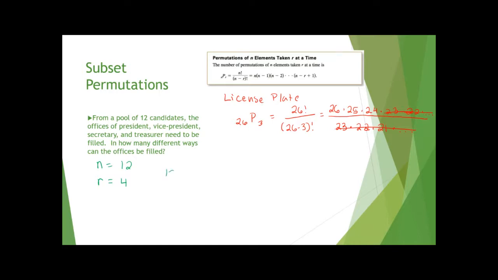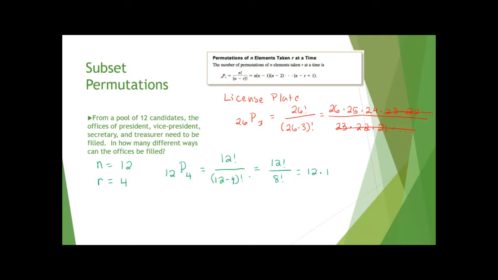So that's why we're using a permutation. So the notation is 12P4, which is 12 factorial over 12 minus 4 factorial. So that's 12 factorial over 8 factorial, where the 8 factorial part will cancel.